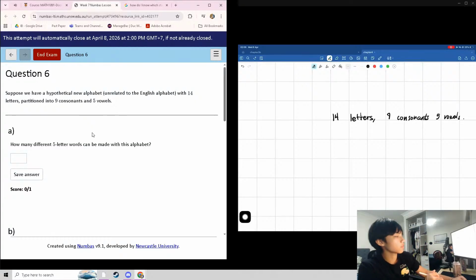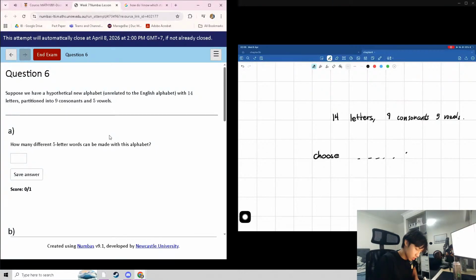How many different 5-letter words can be made with this alphabet? 14 to the 5th for now, right? 14 ways, 5.